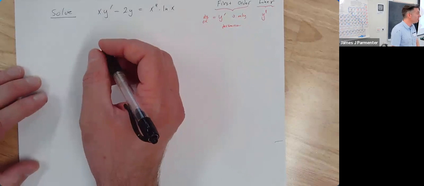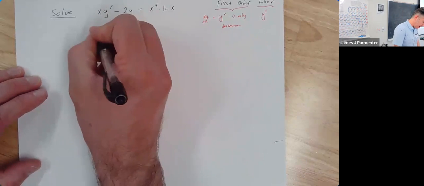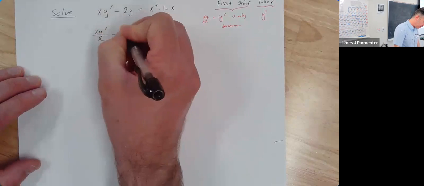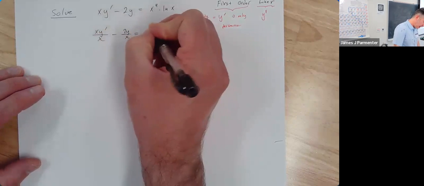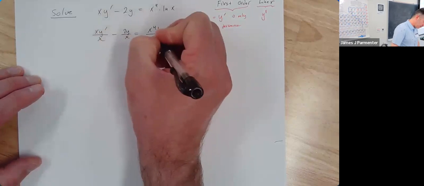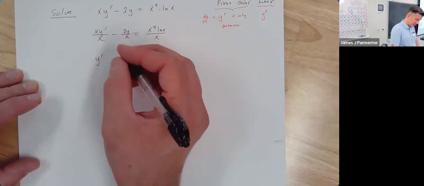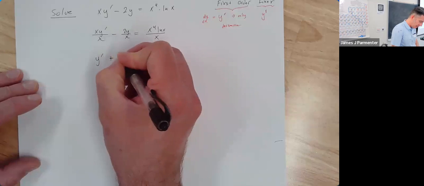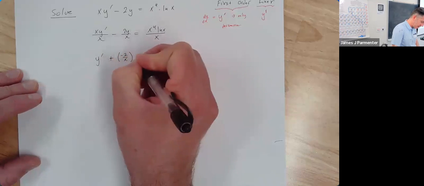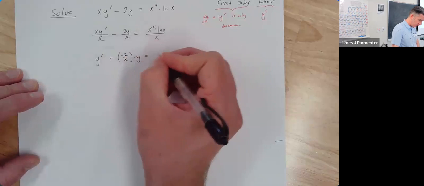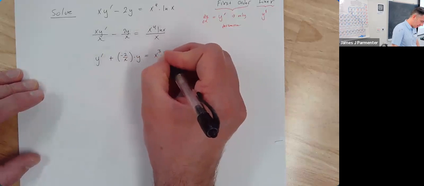So divide everything by x. And then I'm going to rewrite this as y prime plus negative 2 over x times y equal to x cubed times natural log of x.